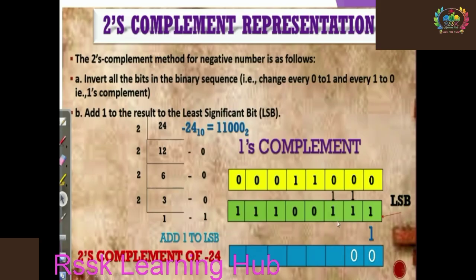Again 1 plus 1 gives 0 with a carry over. Then 1 plus 0 is 1. Again 0, 1, 1, 1.